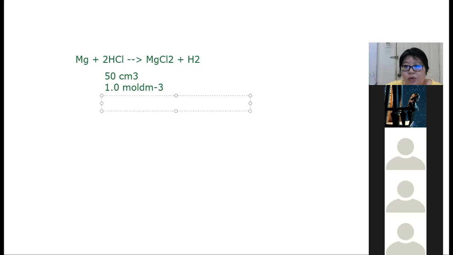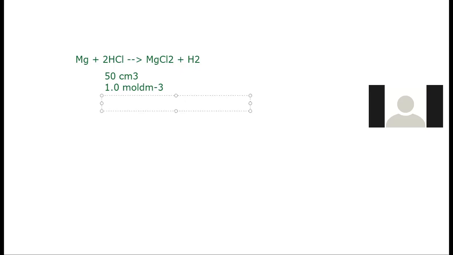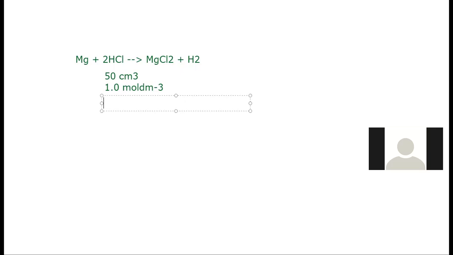What formula are you going to use? MV over 1000. Yes, it's MV over 1000. So now, Monisha, what's the number that you are getting for the number of mole of HCl? 0.05. Okay, it's 0.05 mole. If she's correct, if she's wrong, please correct me.